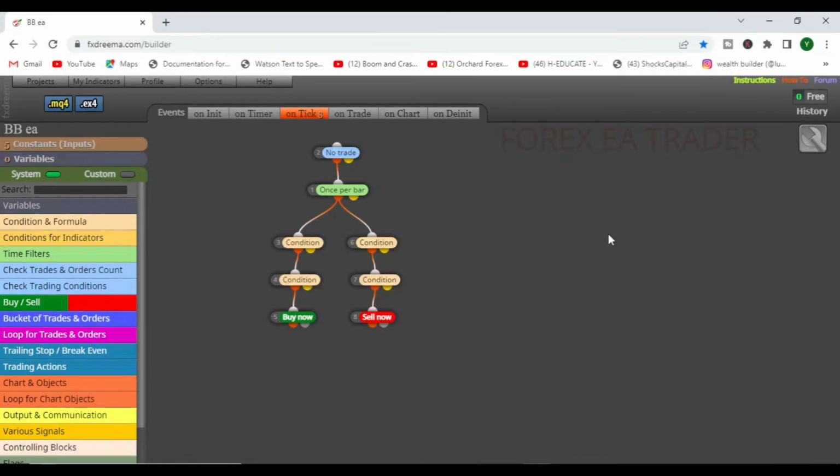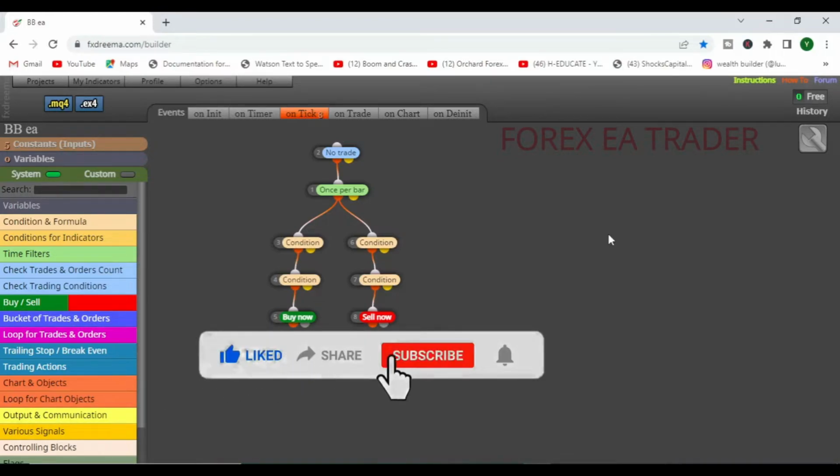Okay, so let's get on with our video. The common question that I've seen on the previous videos of the robots that I've shown you has to do with Martingale. Again, as a word of caution, I personally believe that Martingale is the easiest way for you to lose money in trading.